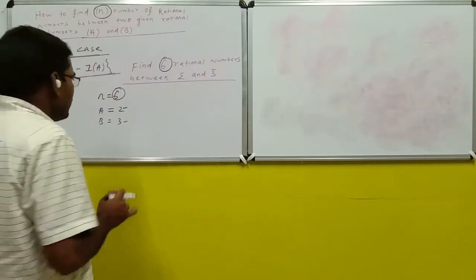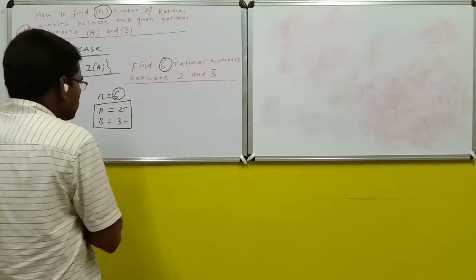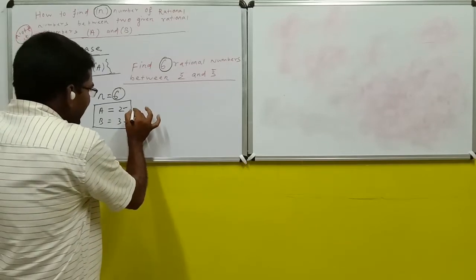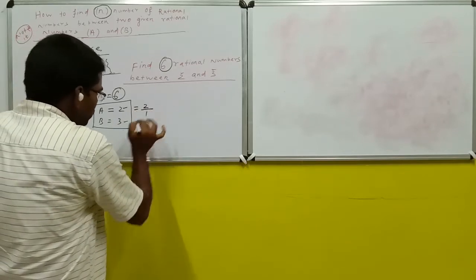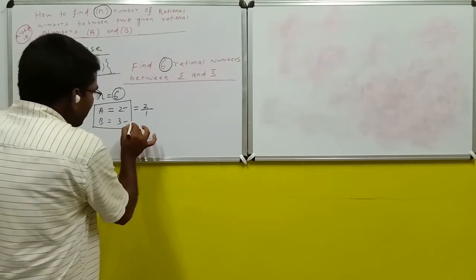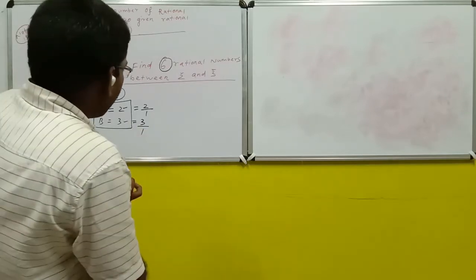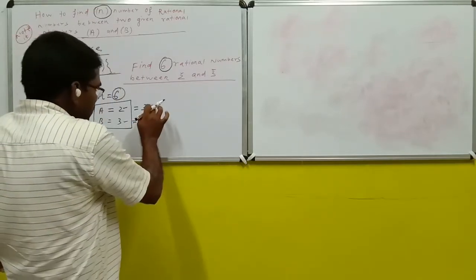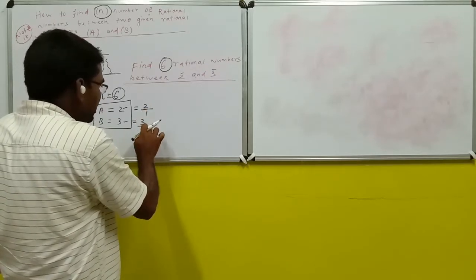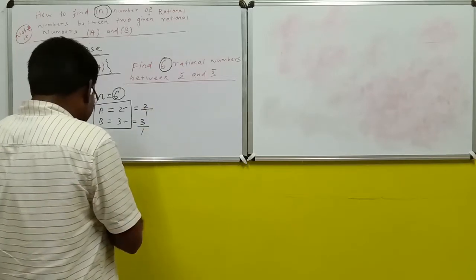Students, you see here that the given rational number 2 can be written as 2 by 1, and 3 can be written as 3 by 1. And you also see that both rational numbers have the same denominator, that is 1.